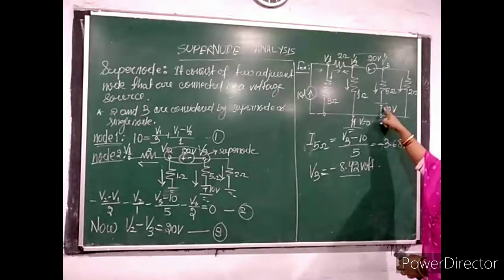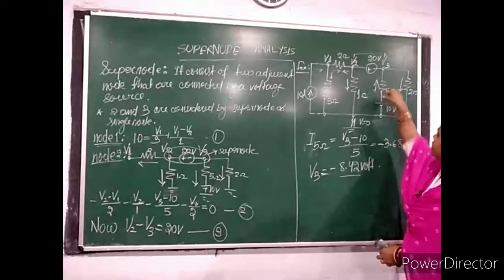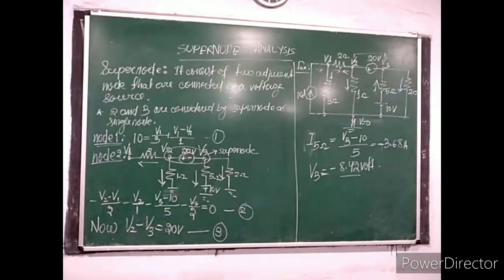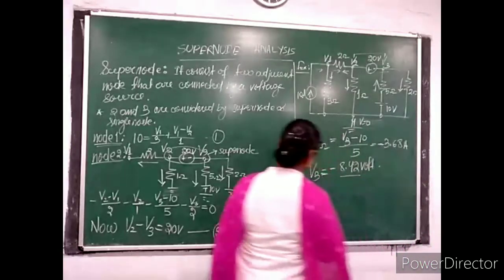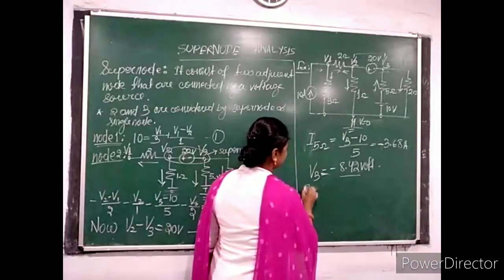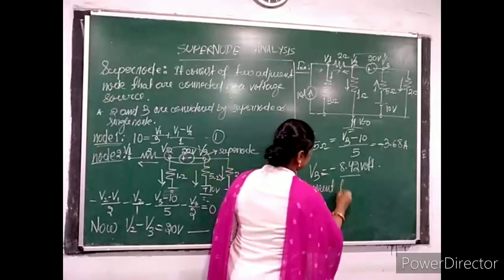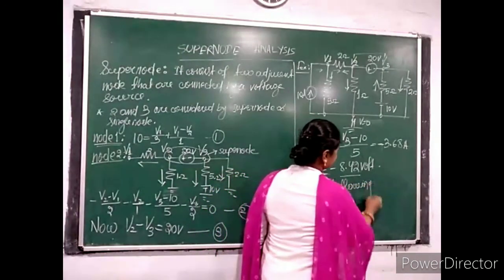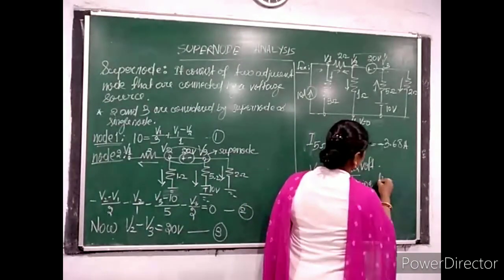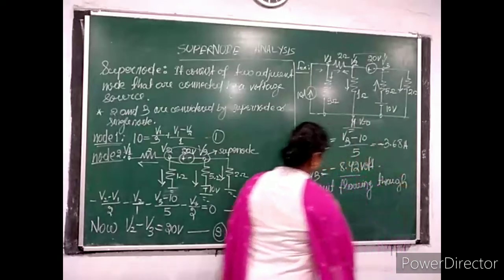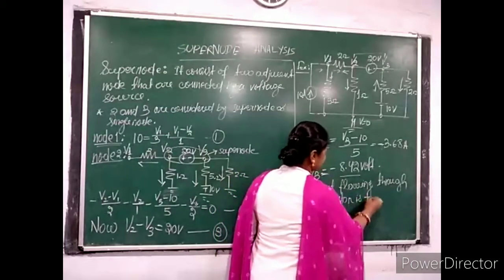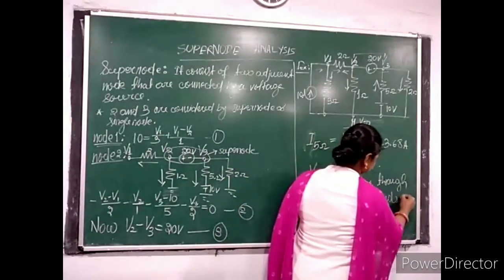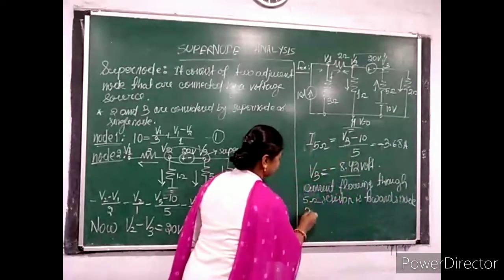So actually in this circuit current is flowing towards this node 3, or you write the conclusion: current flowing through 5 ohm resistor is towards node 3.